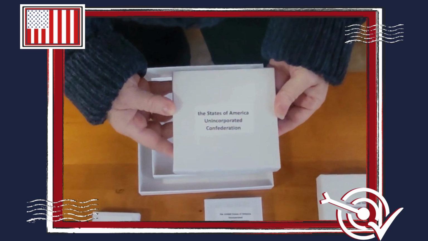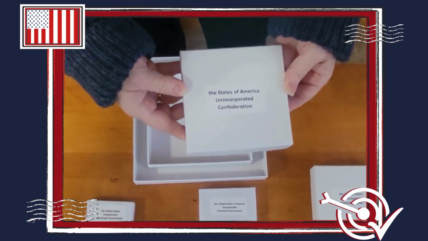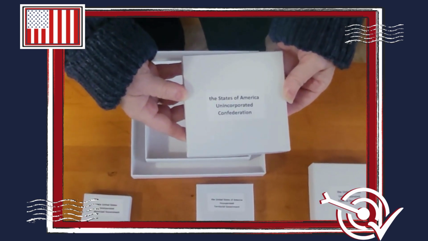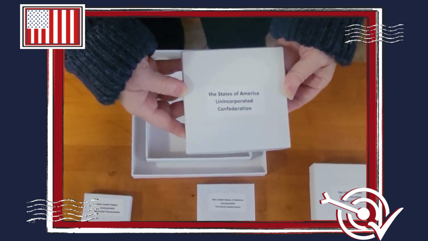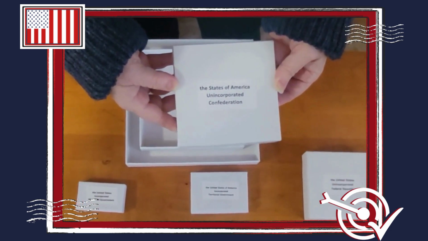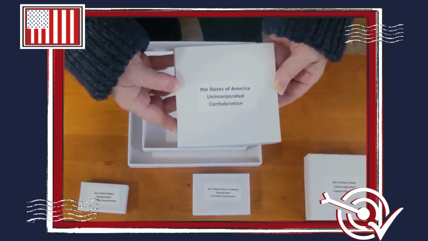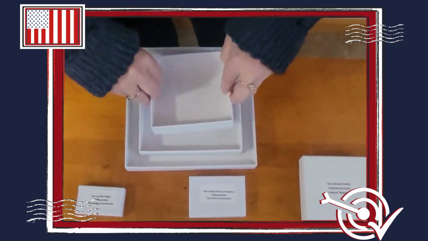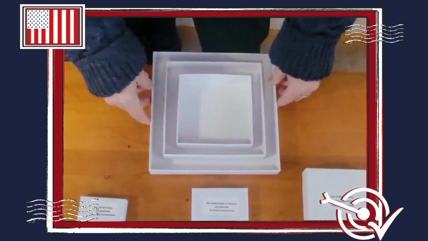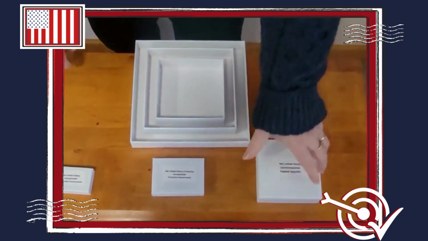Next, you have the Confederation, and this is a business or a group of businesses acting as a confederation in the international and global commercial maritime jurisdiction. Okay, there's the 3 American government entities.